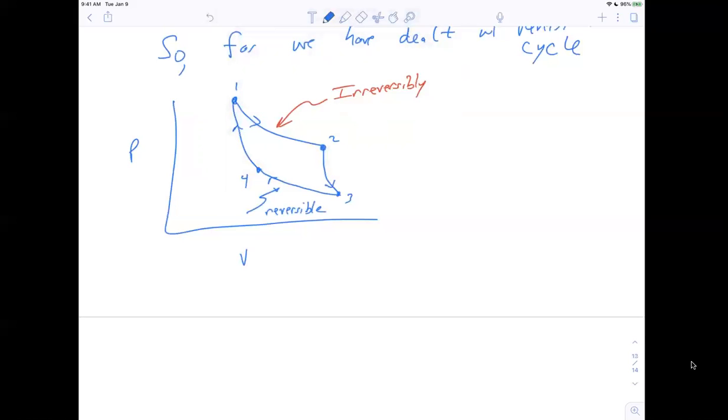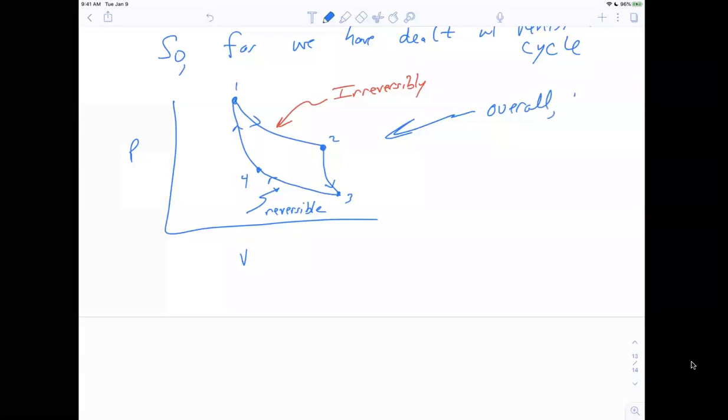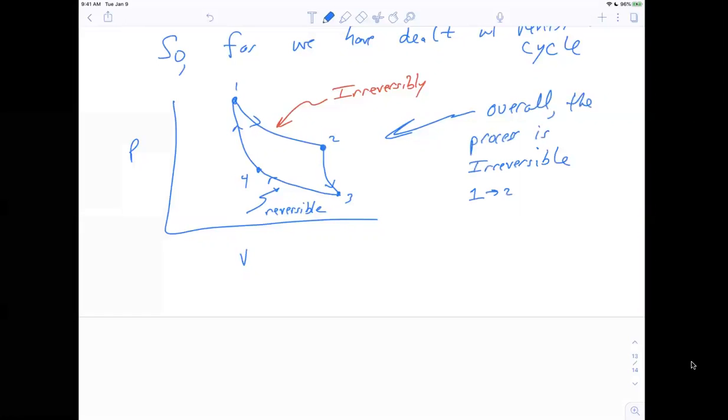Okay, so overall, this cycle is now irreversible. So 1 to 2 to 3 to 4 back to 1 is now irreversible. Why? Because we introduce an irreversible step. So that whole thing now is irreversible. Okay, any questions?